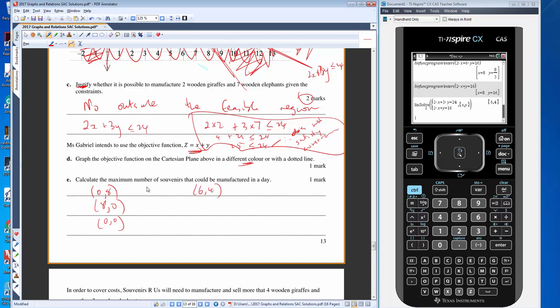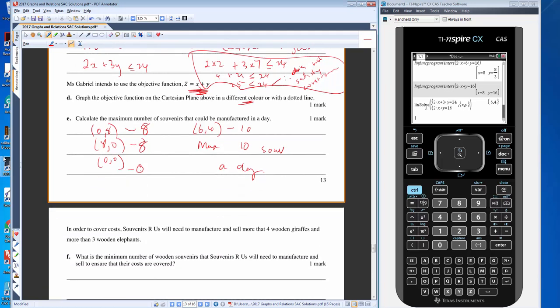Okay, then what you would have found, you would have subbed in each of them to get a value. The maximum number of souvenirs manufactured is 0 plus 8, which is 8 in this case, 8 in this case, none in this case. Of course that's not going to be it. Or this one here, which was 10. So it was max 10 souvenirs a day.